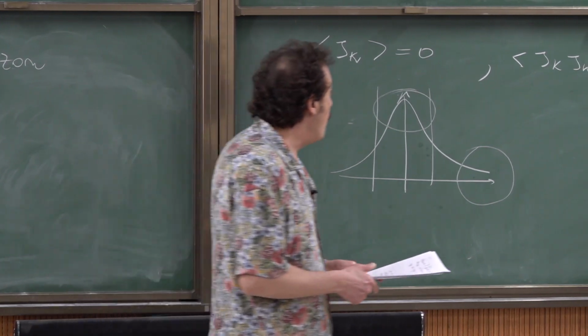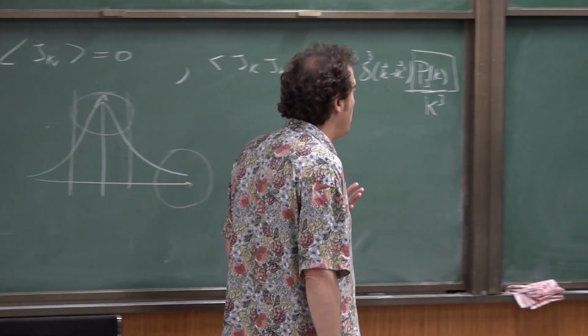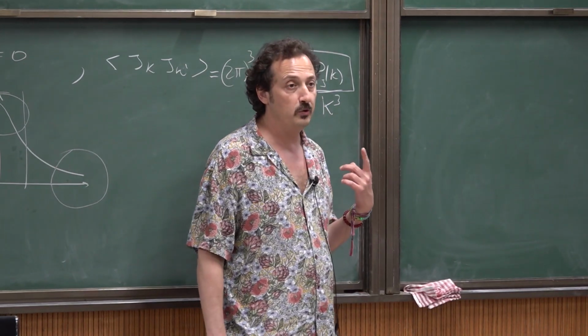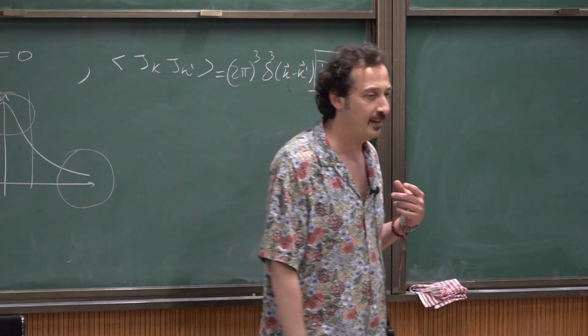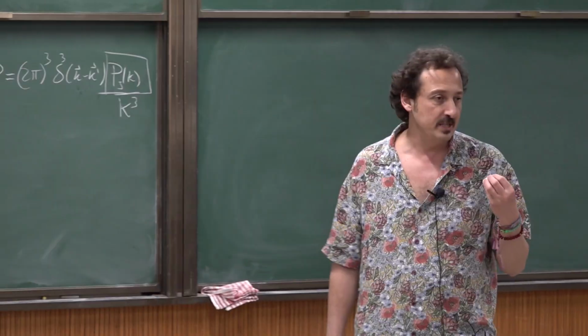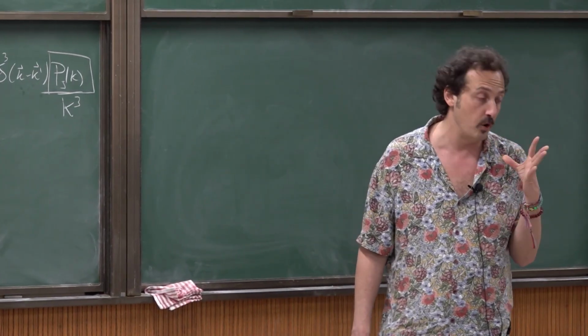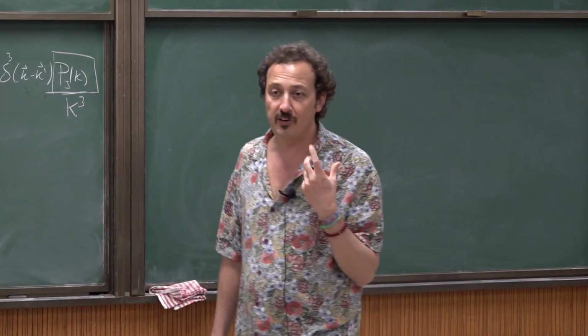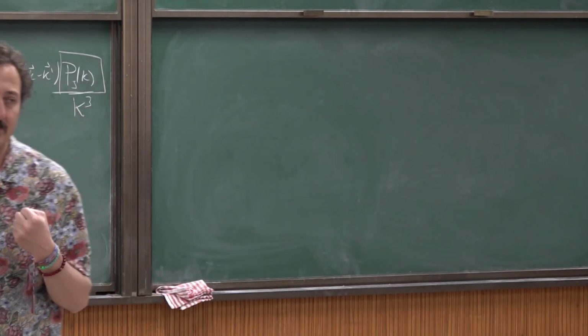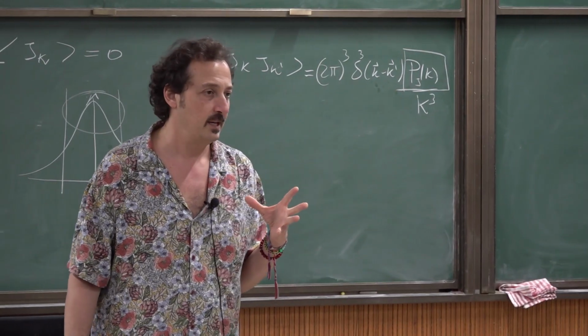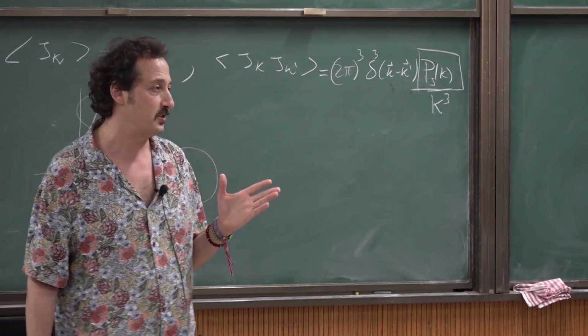Now on top, we also have extra information if we think about these objects generated by large fluctuations of inflation, which is the following. Again, inflation is generated by a scalar field. A scalar field doesn't have any directions.